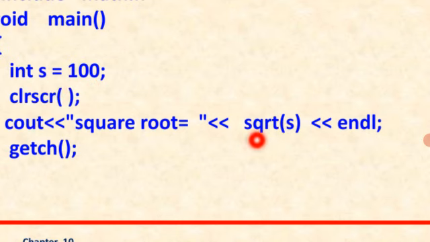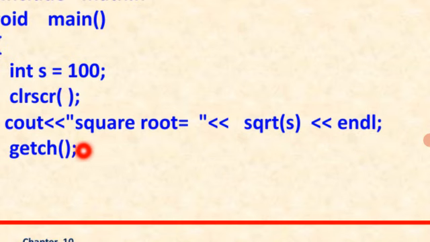So sqrt is a mathematical function. In the bracket I am passing the argument s, meaning I have to find the square root of 100. Then endl means the end of the line.